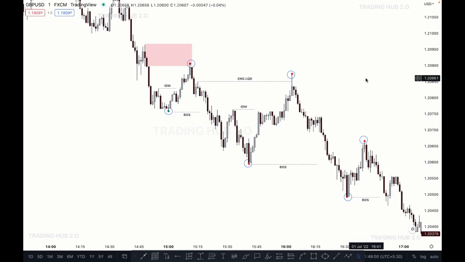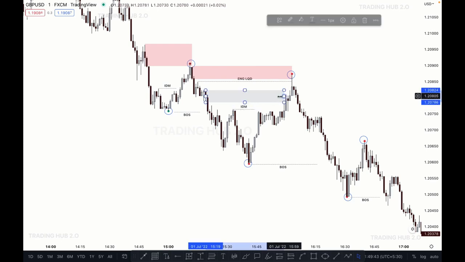So remember one thing: inducement is a 50-50 probability setup, and engineering liquidity is a high probability setup, because once the market breaks this high, which is actually here, that means momentum has shifted from bearish to bullish, right. And if you take a trade based on the inducement, it is a 50-50 chance of the probability that it goes in your direction, and maybe against you.